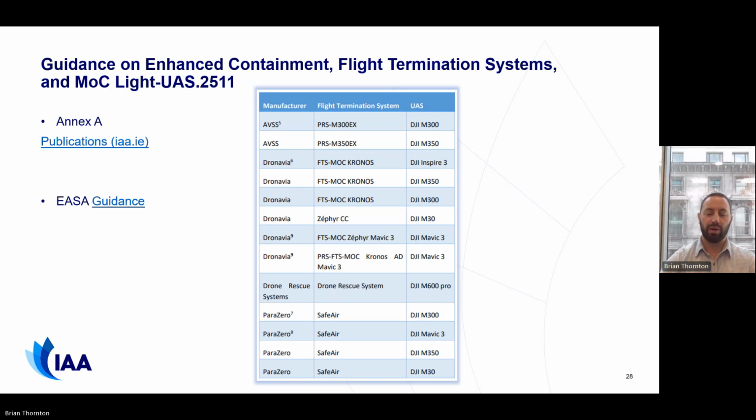And we will look to keep this Annex A up to date for people for their visibility, but also we work with EASA to inform them of new and different flight termination systems that we might have discovered through operators and applicants like yourself.